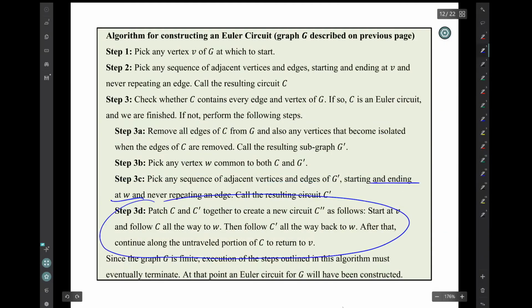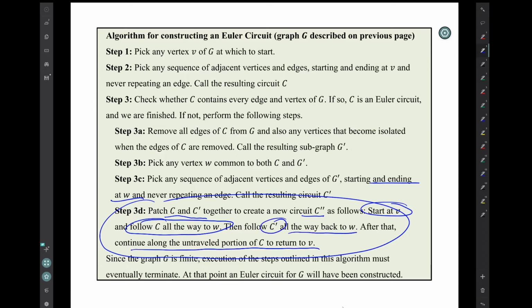Now what? Step 3D is to patch C and C prime together to create a new circuit as follows. We start at V and follow circuit C all the way to W, and then follow C prime all the way back to W. After that, continue along the traveled portion of C to return to V. Now, I can draw that, but I can also use the sequences of characters.